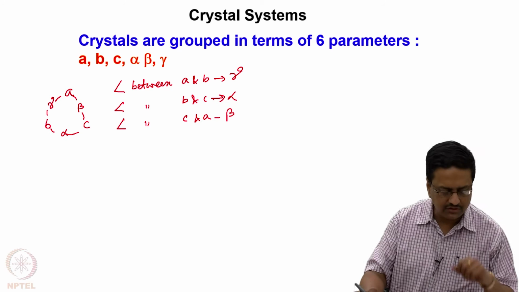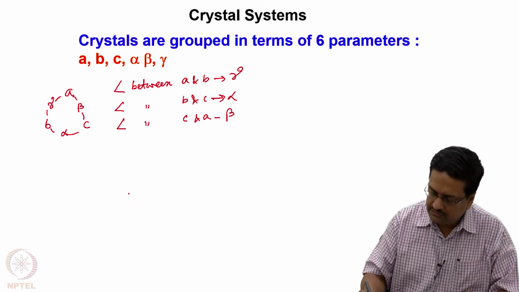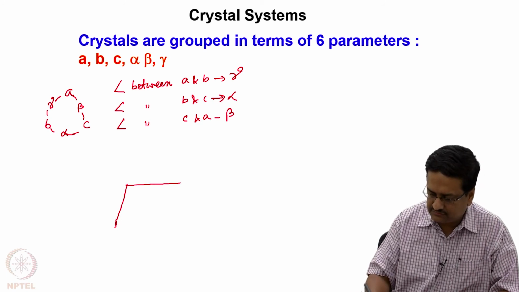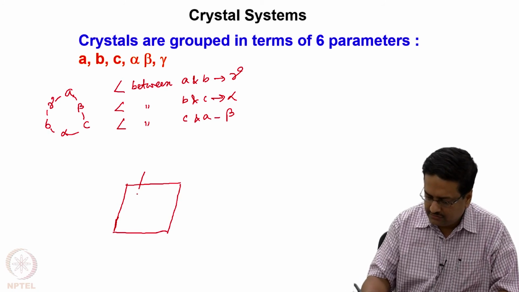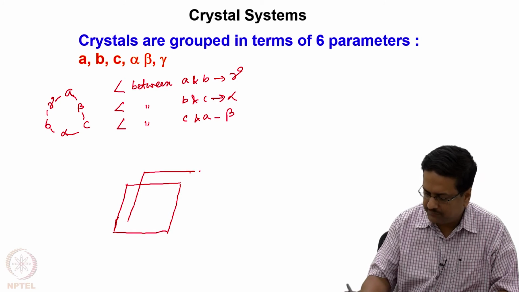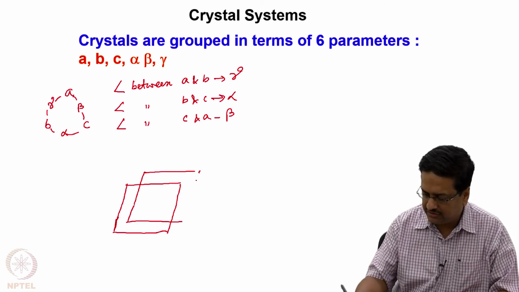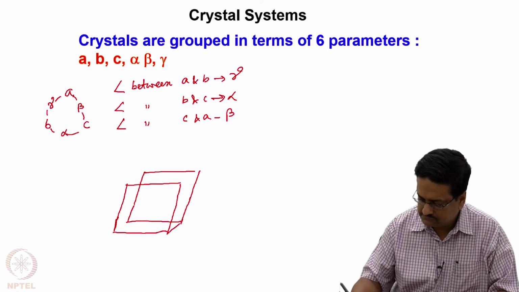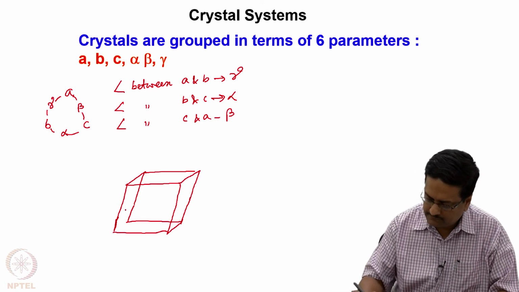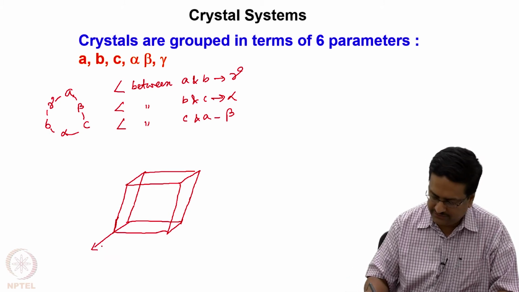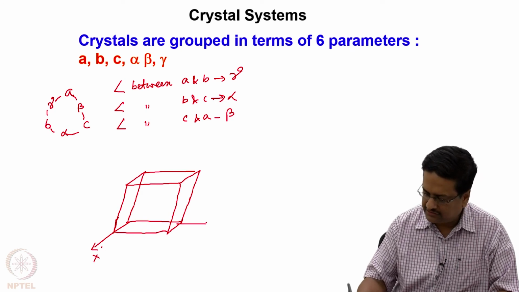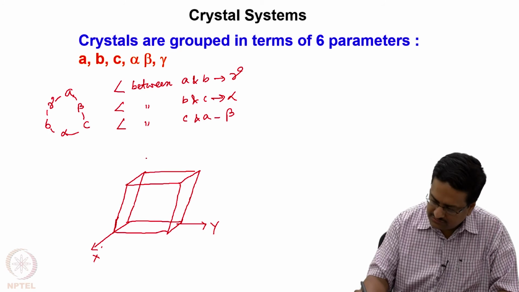So, now if I try to draw a very general lattice, which is a totally non-symmetric lattice where a, b, c are not same, alpha, beta, gamma are not same, and this particular direction is x, this direction is called y, and this direction is called the z direction.